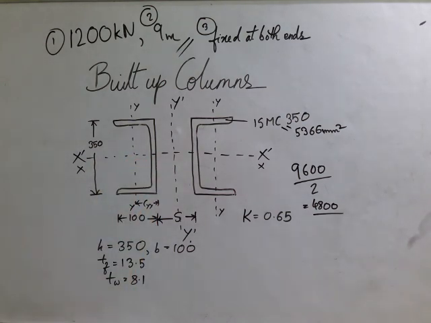Along with the dimensions, we should also write down the moment of inertia that we get for the individual sections. These are all individual values. Please keep that in mind.